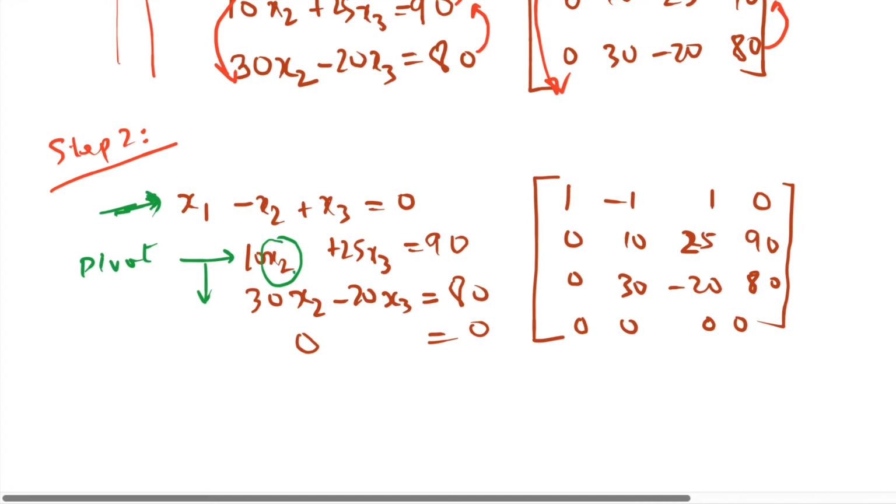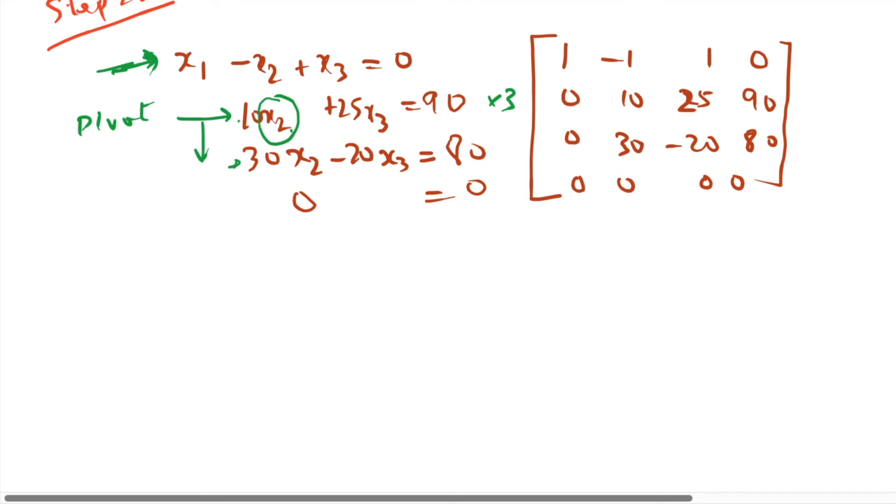And the way to do that would be, again, elementary row operations. To eliminate x2, we multiply the pivot equation by 3 and subtract it from the third equation. The result: you leave the first equation unchanged, so this remains x1 minus x2 plus x3 is equal to 0, and the second equation also remains unchanged, so 10x2 plus 25x3 is equal to 90.